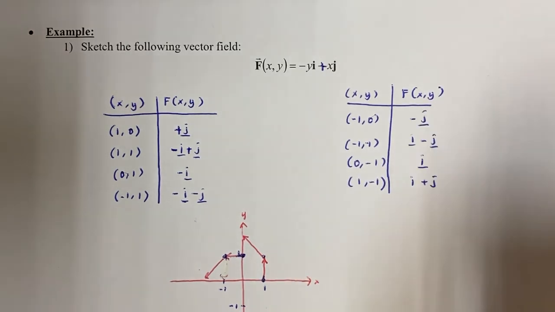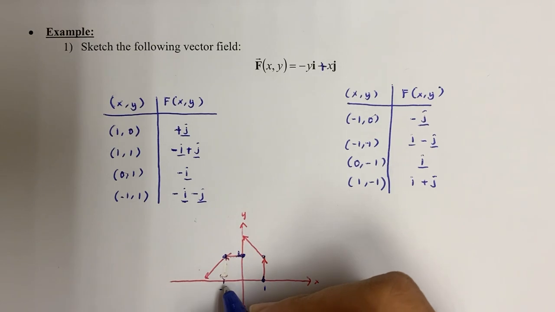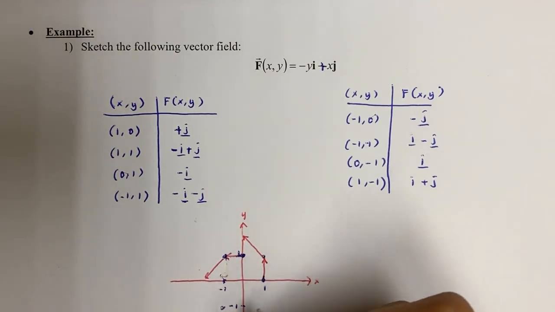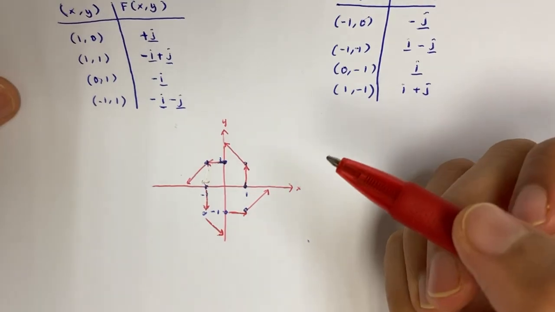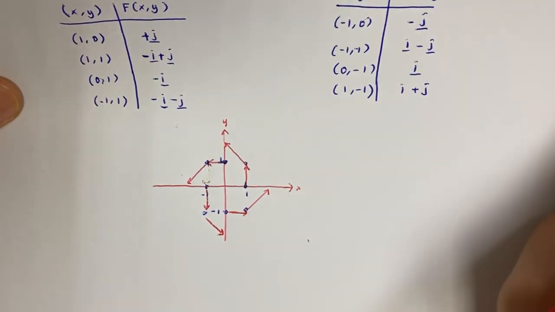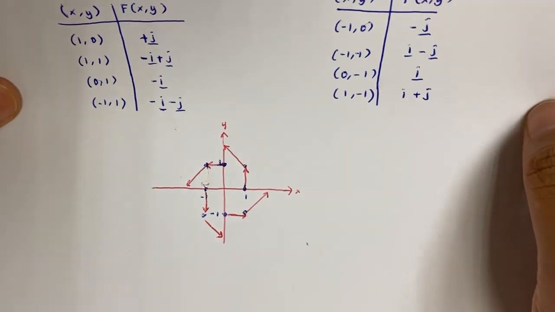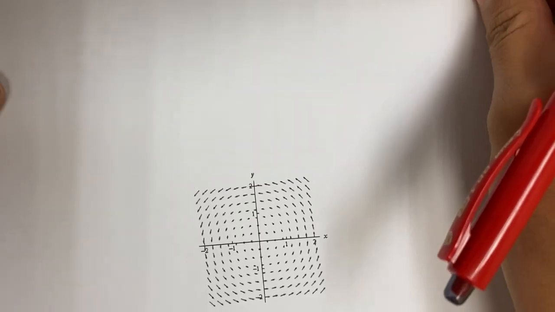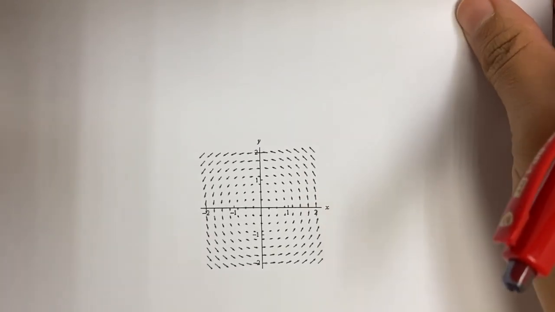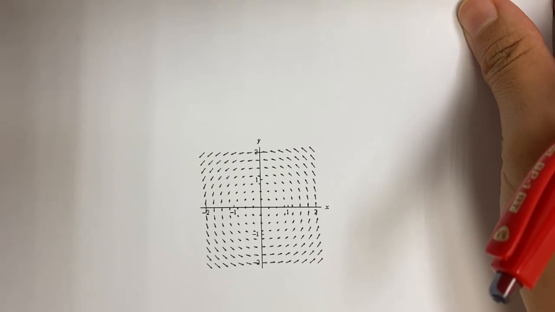So the other points are (negative 1, 0), this one, and then (negative 1, negative 1), (0, negative 1), and (1, negative 1). So you have this vector field. Okay, if you just consider 8 points. And if you consider many more points, you will have this vector field, if you see it in a bigger picture.